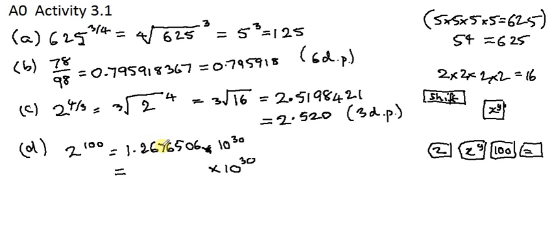So if we look at the fourth one, we see that it's 7. 7 is more than 5, therefore it rounds the 6 up to become 7. So you're left with 1.27 times 10 to the power 30. And that is to 3 significant figures.